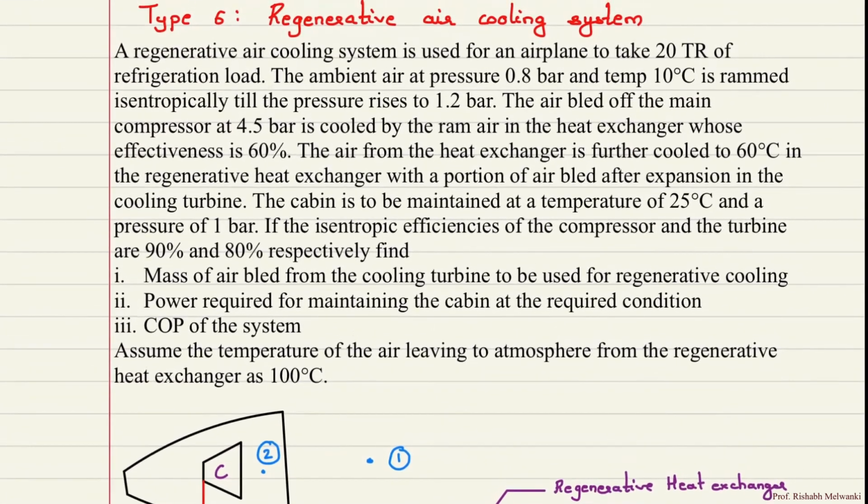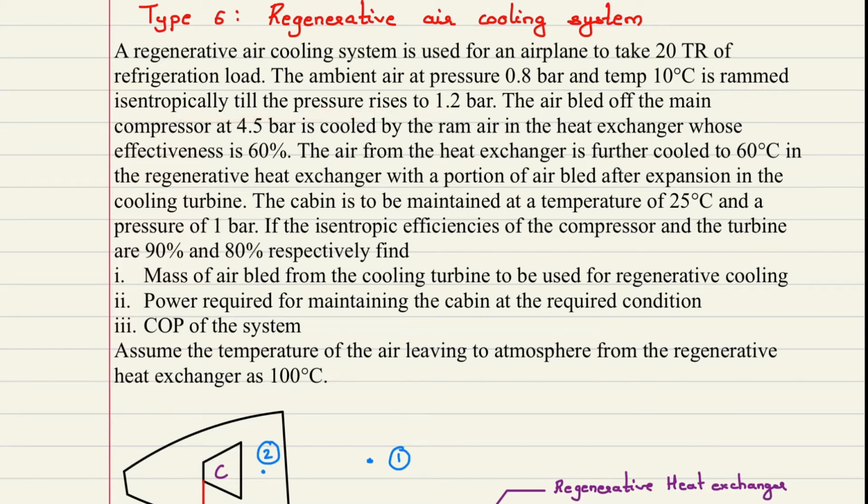Next data, the ambient air pressure is 0.8 bar and 10 degrees Celsius. So what is given? Point 1 is rammed isentropically till the pressure rises to 1.2 bar. So isentropic ramming has been shown.